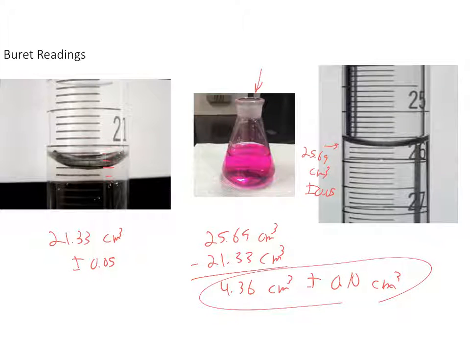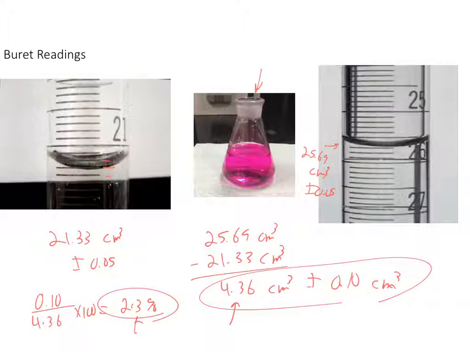So there's our uncertainty. We can certainly turn this into a percentage. 0.10 divided by 4.36 times 100 is 2.3%. Wow, now there's our biggest percent uncertainty. Because we had such a small volume for the titration, the uncertainty is significantly larger.